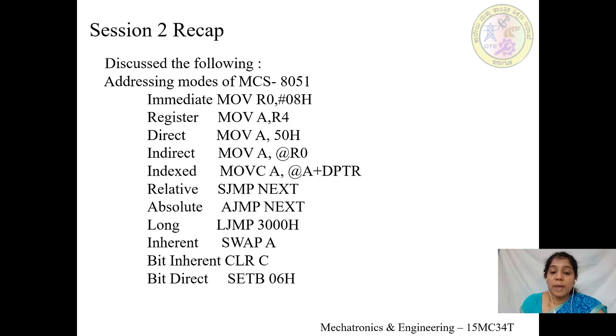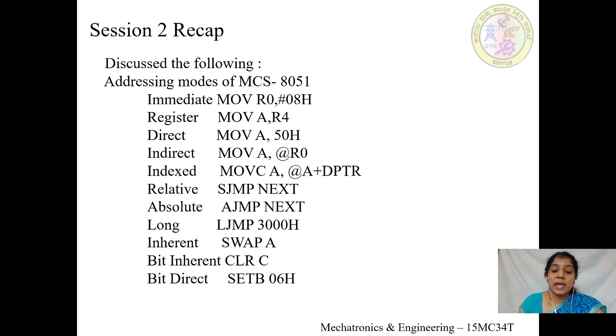In case of absolute addressing mode, it is similar to relative addressing mode where the jump can be extended till 2 kilobytes. Next is long addressing mode. Long addressing mode is also similar to relative or absolute addressing mode, but the jump or call can be made within the entire 64 kilobytes of memory space.